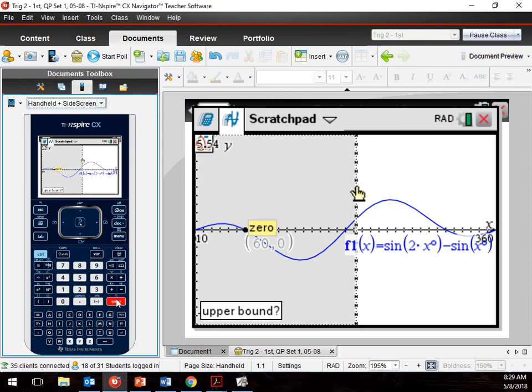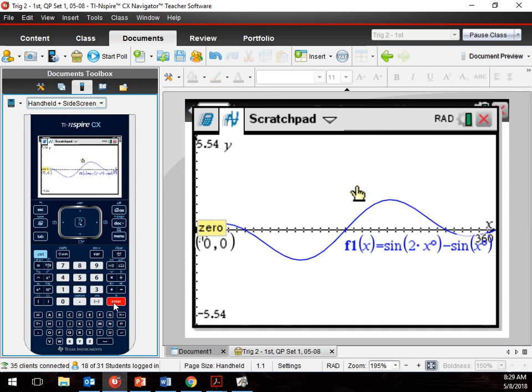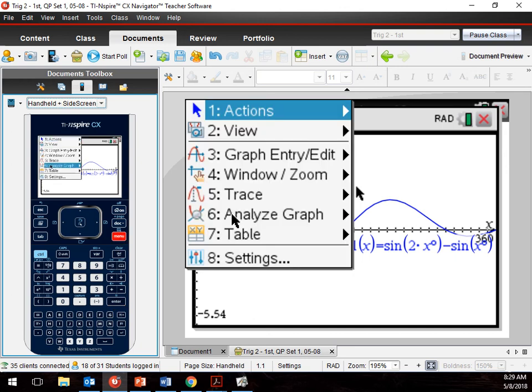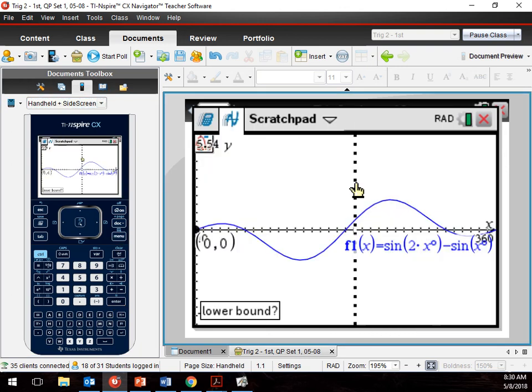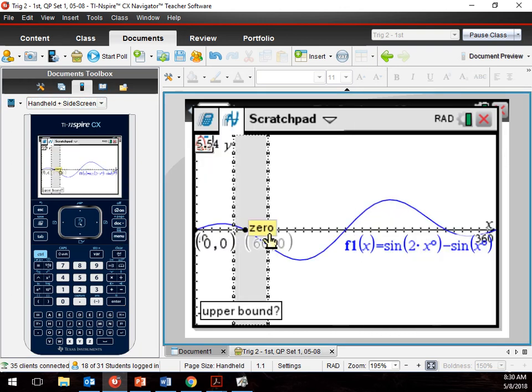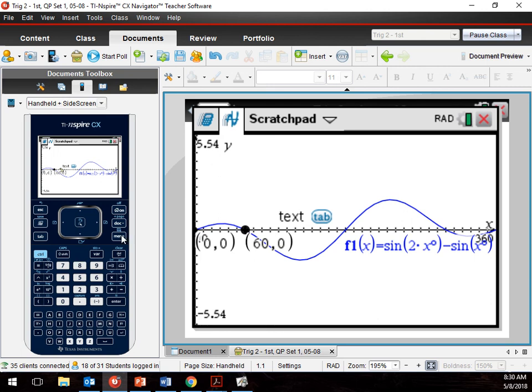Enter, and there we go. You don't actually have to move it every time. You could guess where it's at. So I knew that it should be at 0, so I just put numbers around 0. Okay, and the next one. So menu, analyze 0, 60.